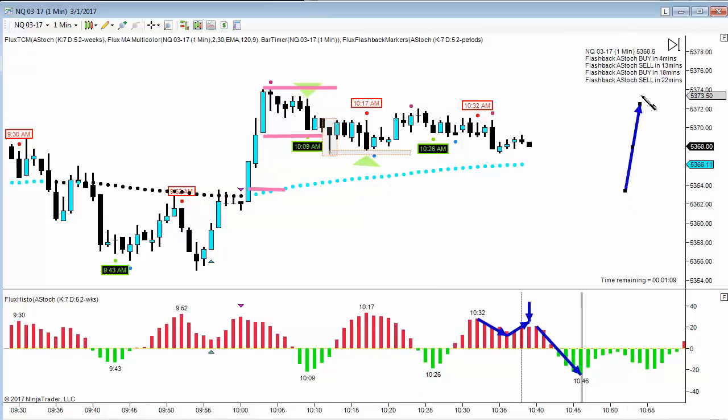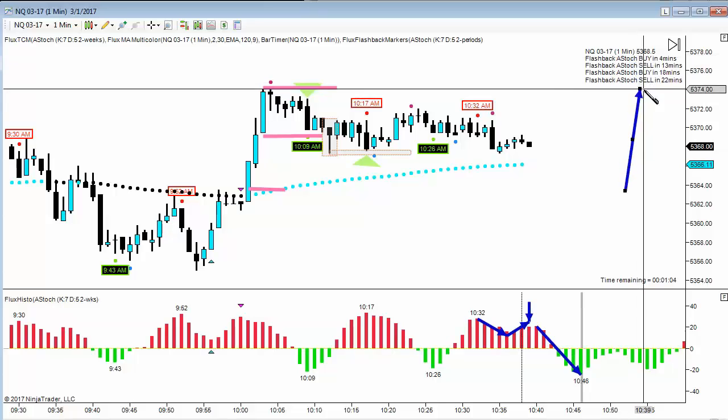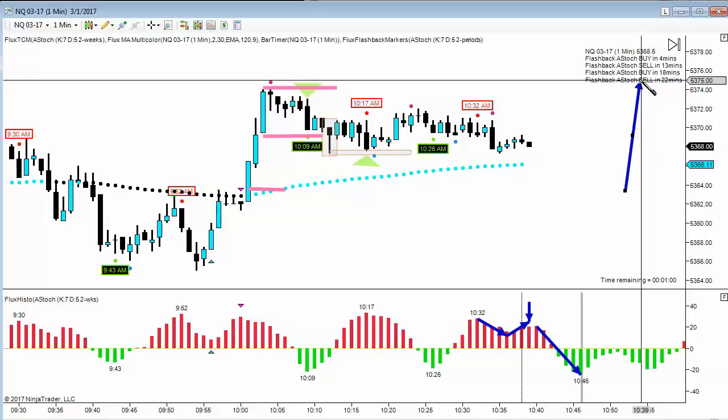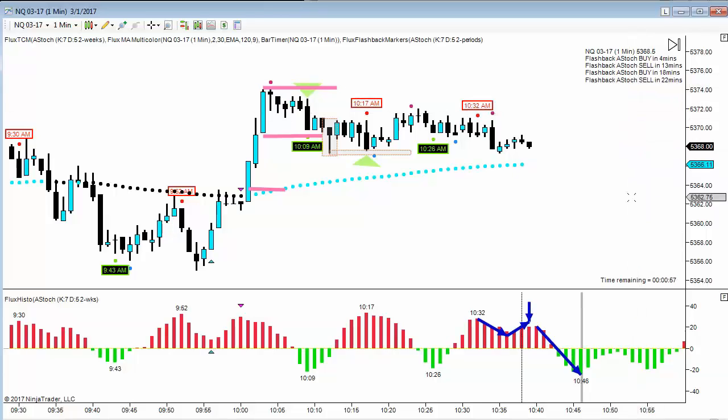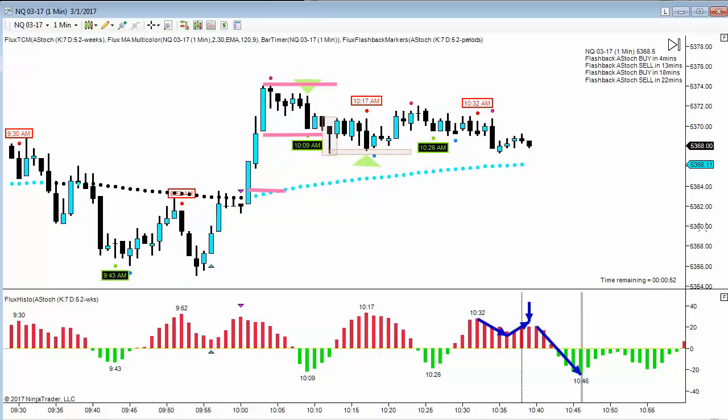So now, Brent, in the upper corner, I have the warning signals for the next 4 time cycles coming up. 1 in 4 minutes, 1 in 13, 1 in 18, 1 in 22. Does that make sense? And that's how you would combine the two things on one chart.